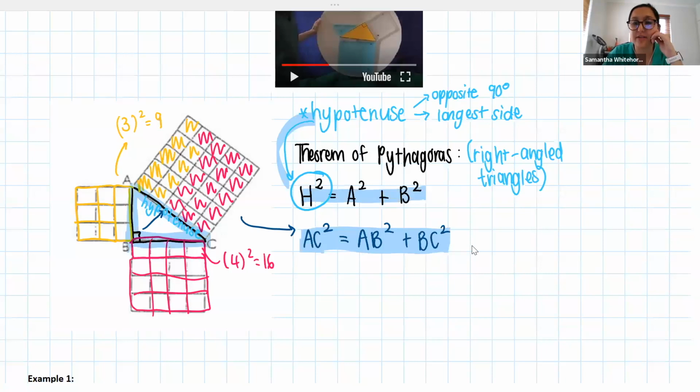So the theorem of Pythagoras isn't using angles, we're looking for sides. Okay, so guys, really importantly, Pythagoras is not talking about finding an angle size, it is looking at the side length. We are not looking at angles, we are looking at side length.